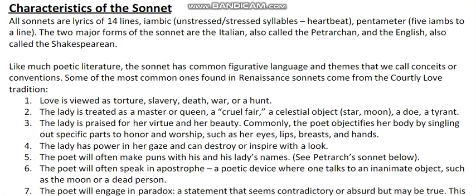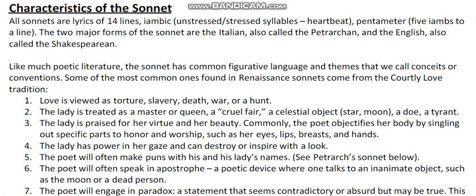Like much poetic literature, the sonnet has common figurative language and themes that we call conceits or conventions. Some of the most common ones found in Renaissance sonnets come from the courtly love tradition, in which love is viewed as torture, slavery, death, war, or a hunt, and in which a lady is treated as a master or a queen, a cruel fair, like a celestial object, a star, a moon, a sky, a doe, and a tyrant, and in which a lady is praised for her virtue and her beauty.